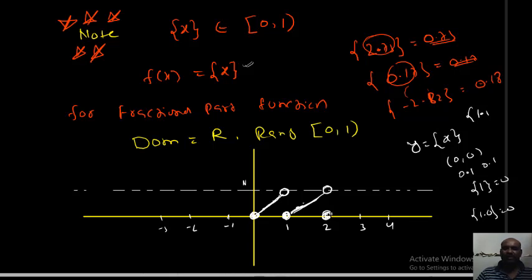Why am I writing an open circle? The fractional part of 2 is equal to 0 only, so that is the only point here. For 1.9999999999, the value is near 0.9999. That's why this is the graph. Similarly, you get another line segment, and another, and another.